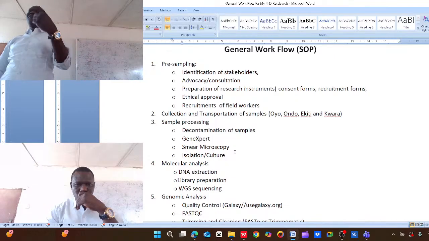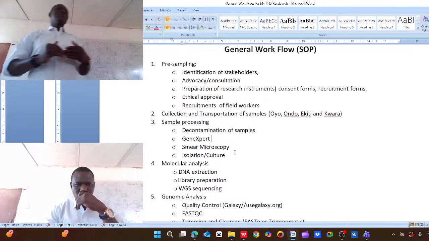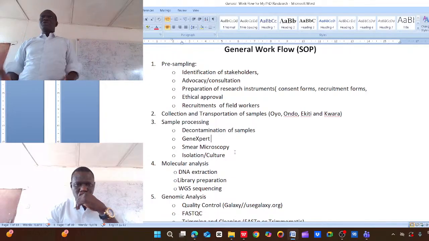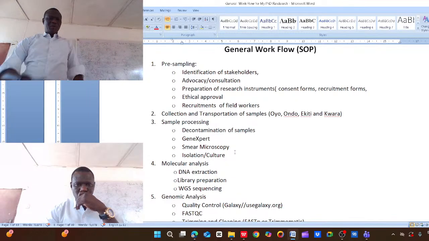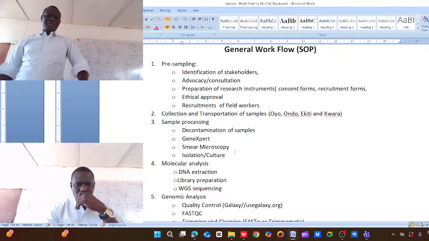I've mentioned biochemical tests, a lot of them, so it's still under wet lab. So number 4 now is molecular analysis.